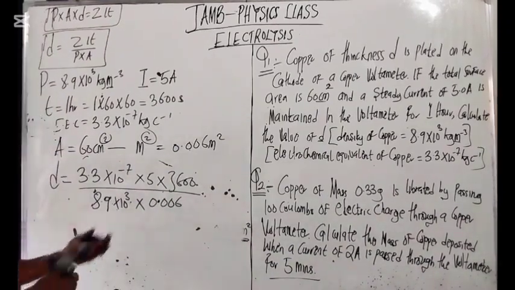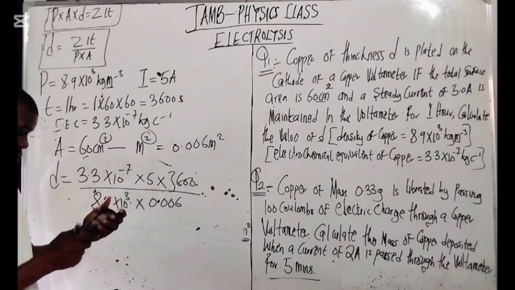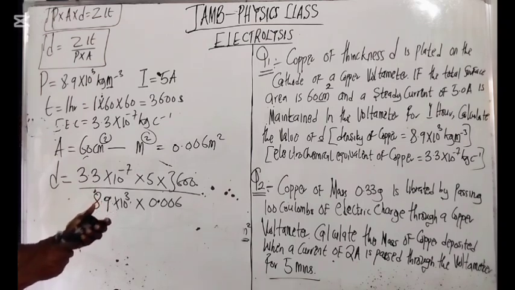So let's use our calculator to get our answer here. So you have 3.3 exponential minus 7 times 5 times 3,600 divided by 8.9 exponential 3 times 0.006.